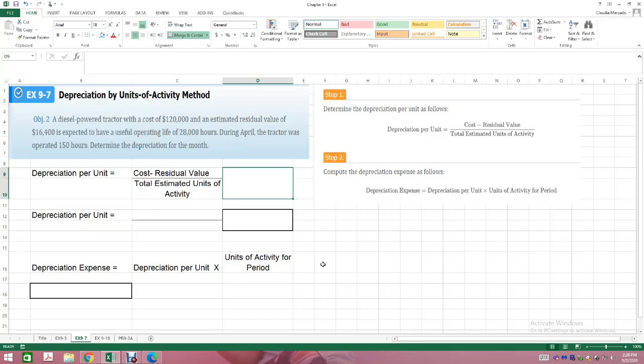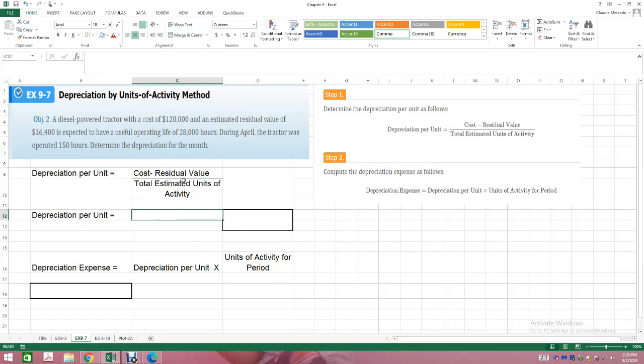So, we're going to do what the formula says. My cost is 120,000. I'm going to subtract my residual value. My residual value is 16,400.